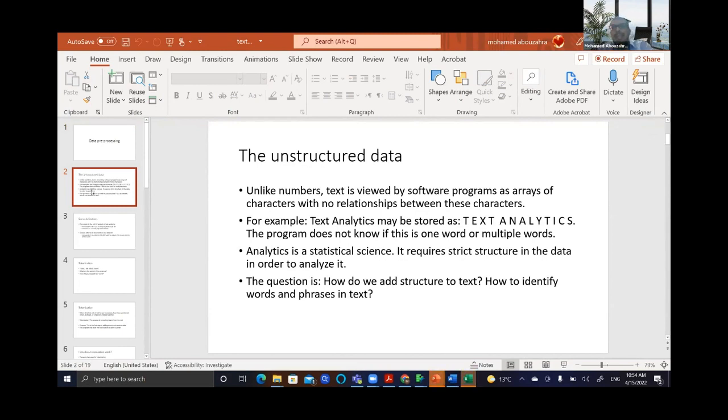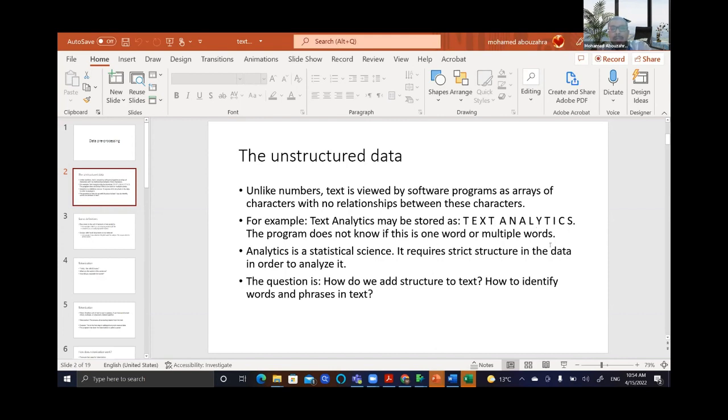Right. So the first thing, because it's important and related to parsing the text, is to understand that 95% of the text we work with, especially in social media reviews and so on, is unstructured. When the computer and software sees text, it sees characters. Text analytics is seen as text, space, analytics.